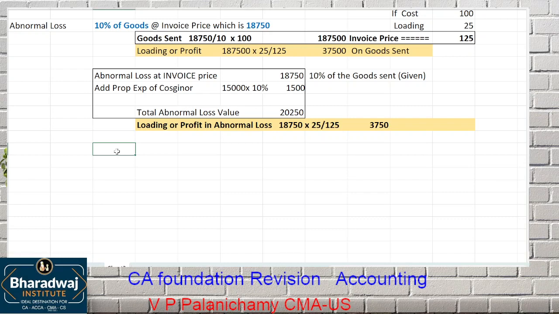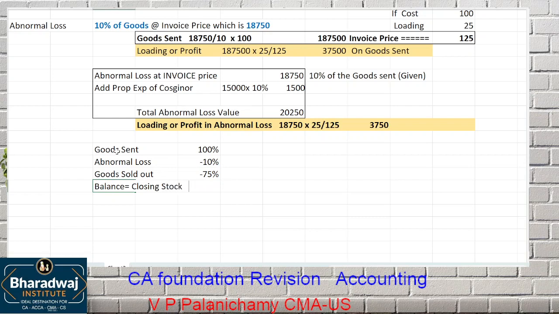Wait. If goods sent is 100% and abnormal loss is 10%, then goods sold is given in the question as 75%, so the balance will be closing stock.